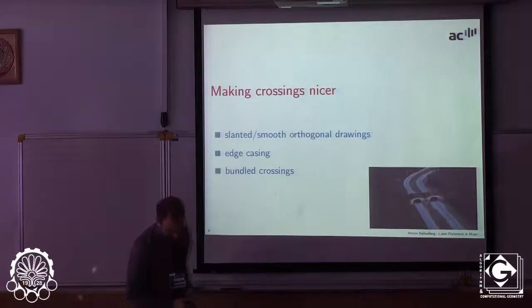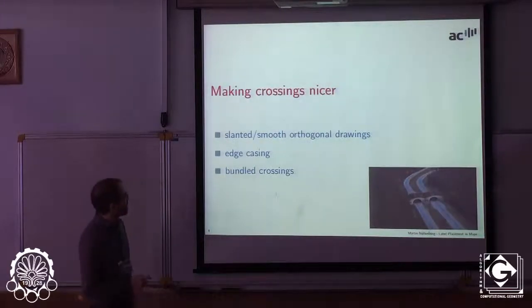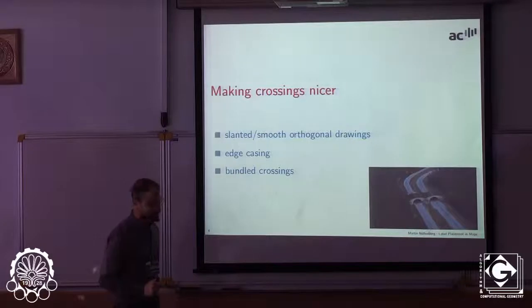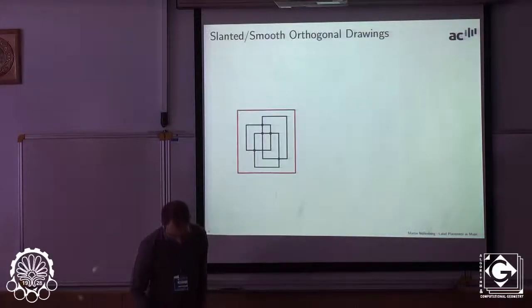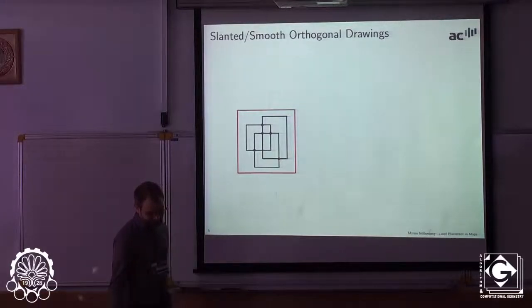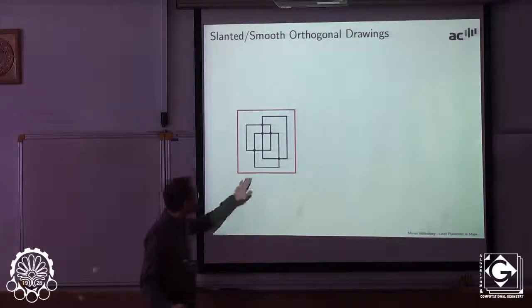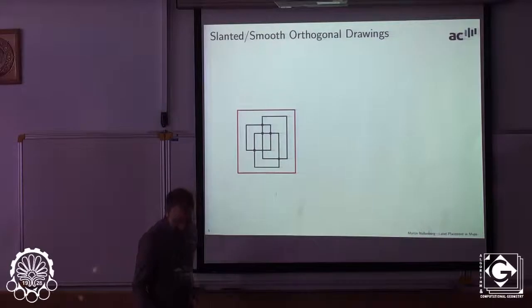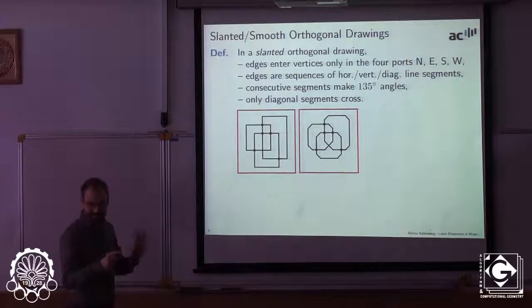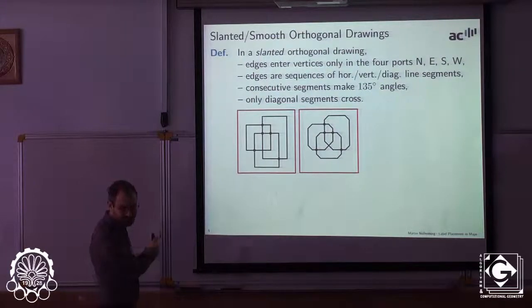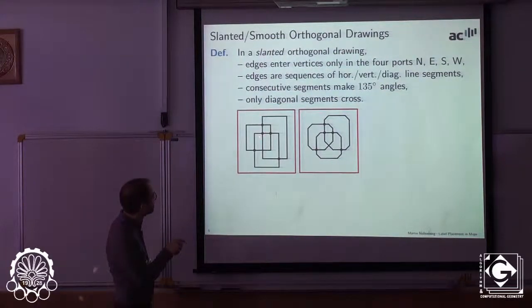Okay, let's start with making the crossings nicer. And we'll start here with the orthogonal style layouts. So this is a standard orthogonal layout of K5 here with a single crossing. And the idea of slanted, which I quickly sketched on the previous slide, is that we want to have a slanted orthogonal drawing where edges enter the vertices only using the 4 main ports, north, east, south, and west, like you see here.